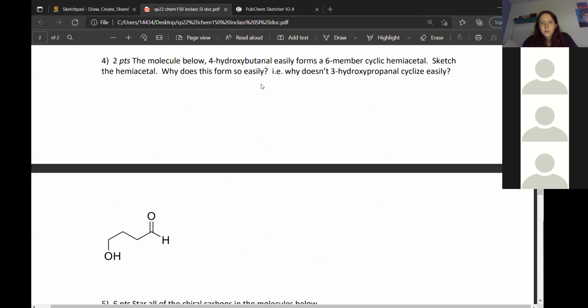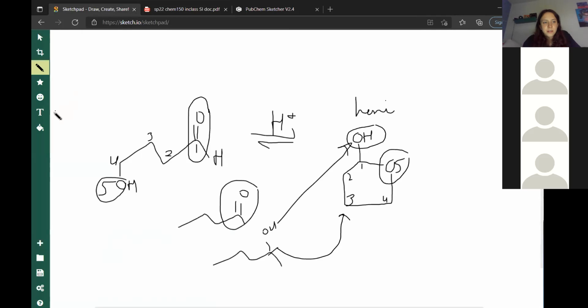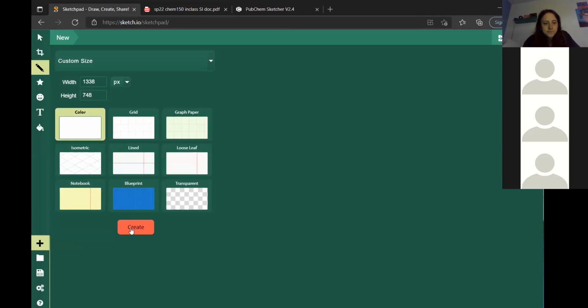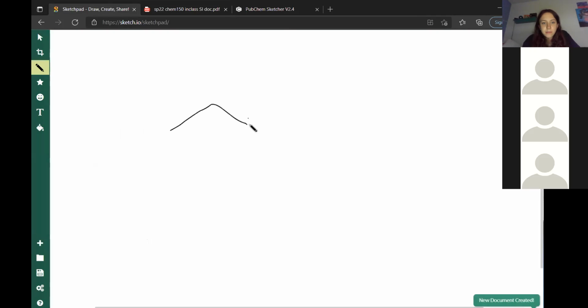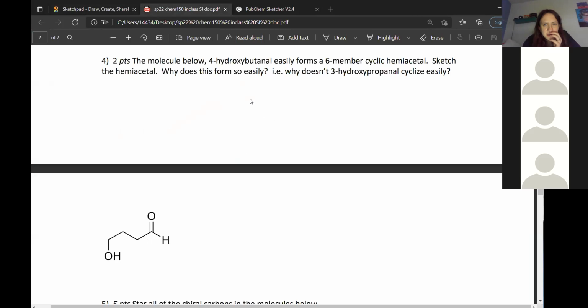So the reason why 3-hydroxypropanol doesn't work as well, or doesn't easily cyclize, let's do this. Yeah, so 3-hydroxy.